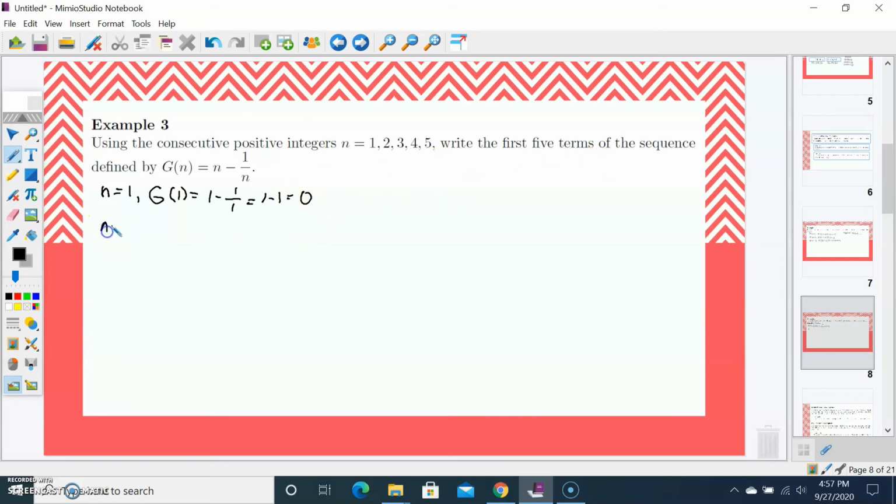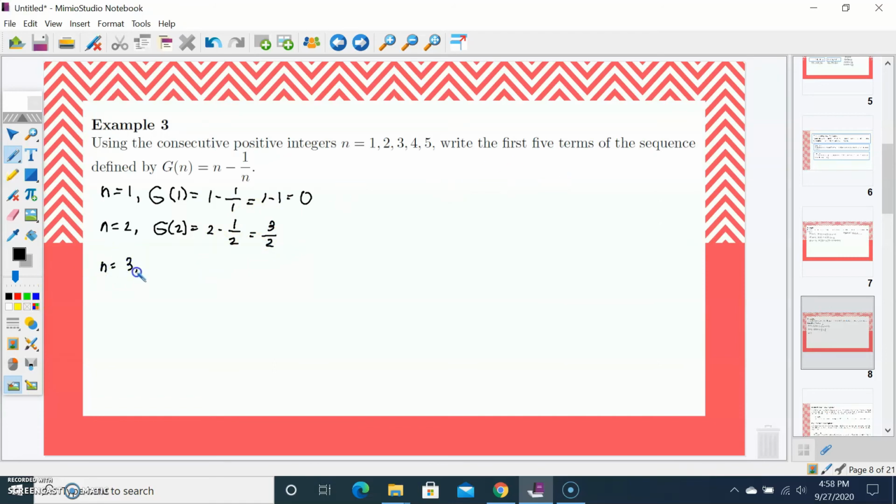Now, going to the next by considering the value of n, which is equal to 2, g of 2 is equal to 2 minus 1 over 2, or 1 half. 2 minus 1 half, as we all know, 2 can be written as 4 over 2. So this will give us 3 halves. And this will be the second term of our sequence.